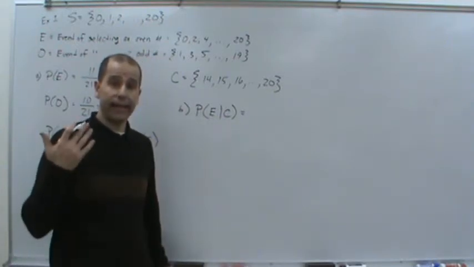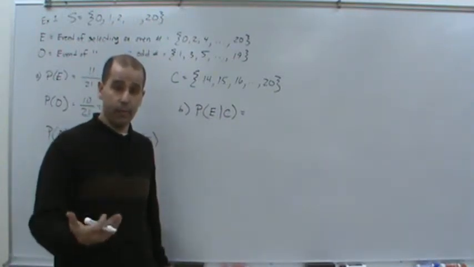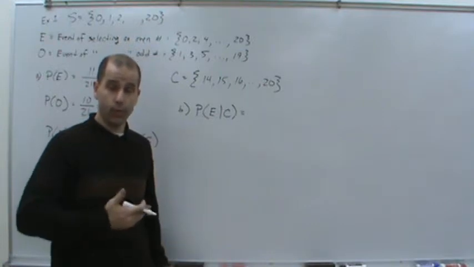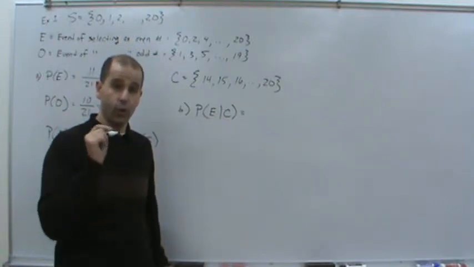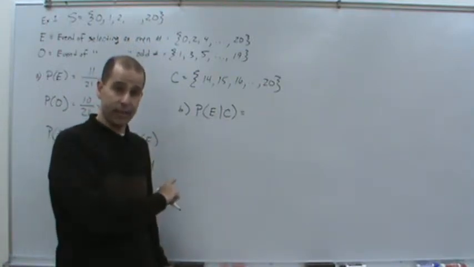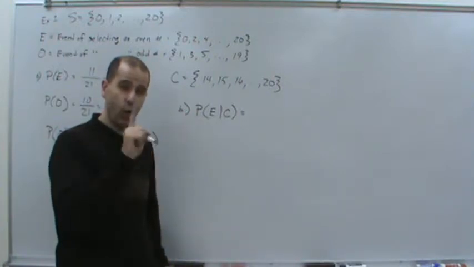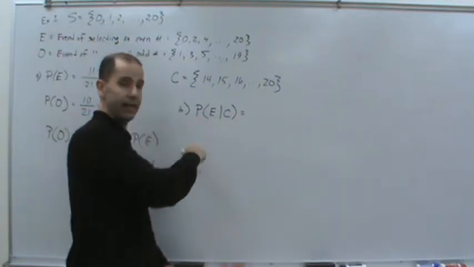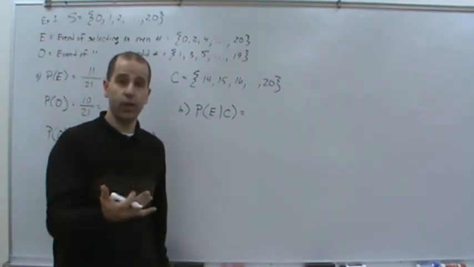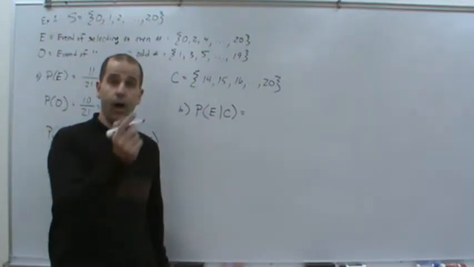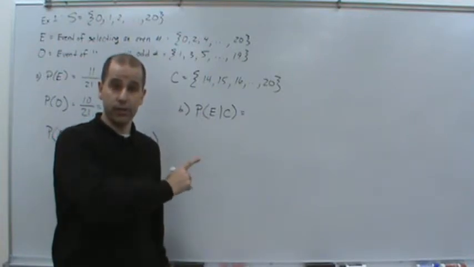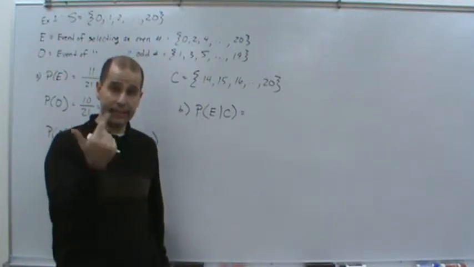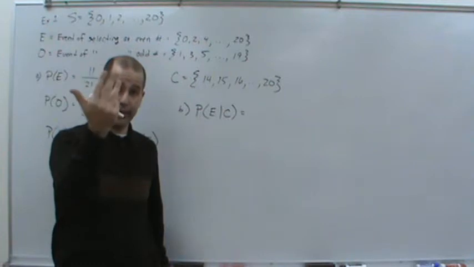I know that I can only consider numbers bigger than 13, so 14 and higher, right? So given that I know that C has occurred, I know that I can only look at the even numbers bigger than 13. Well, there's 14, 16, 18, and 20.